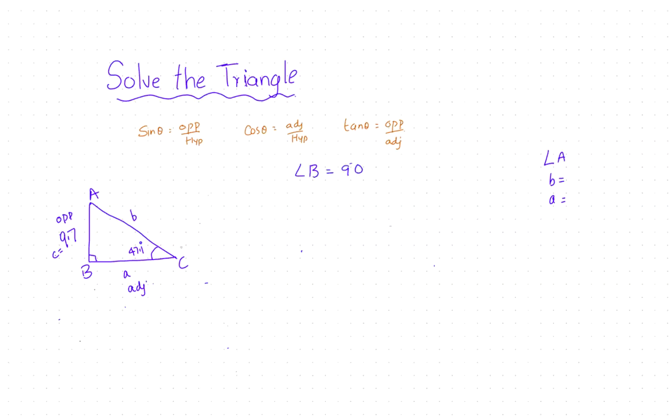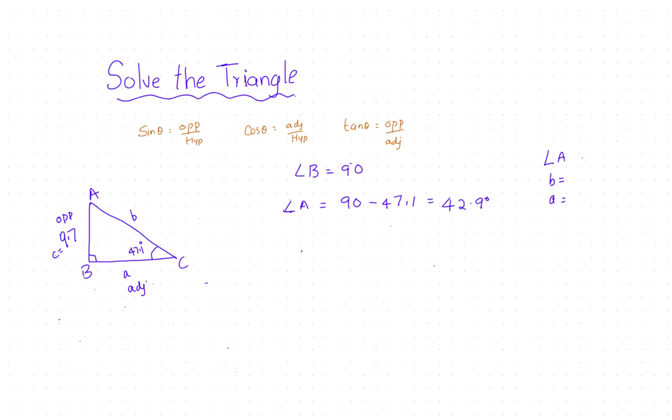Angle C is given 47.1, so angle A will be 90 minus 47.1. This comes to 42.9. So angle A we got 42.9 degrees.